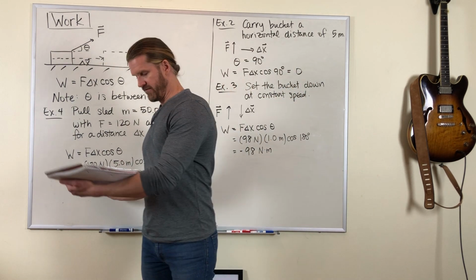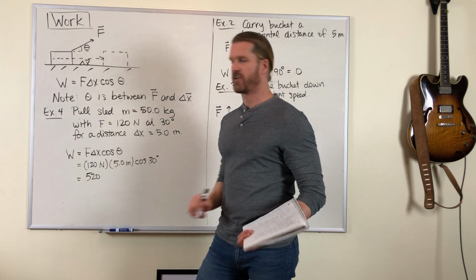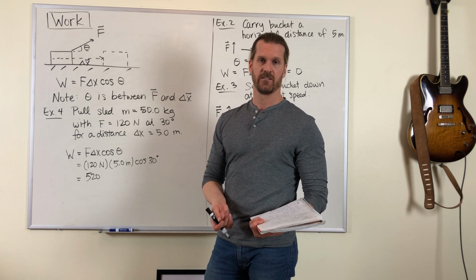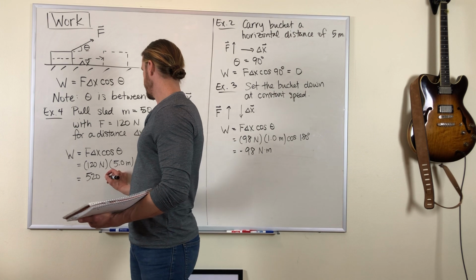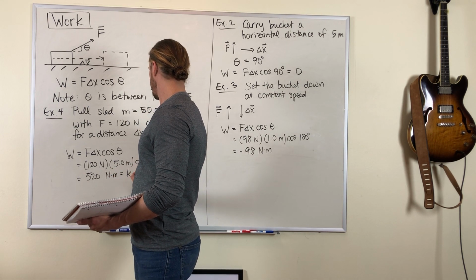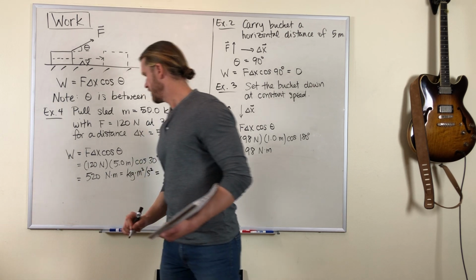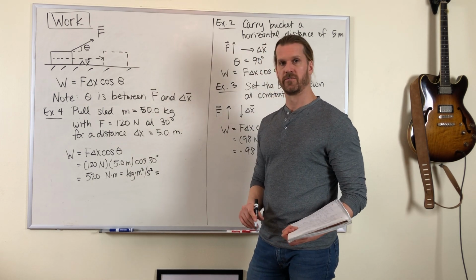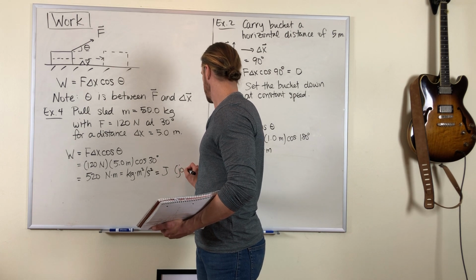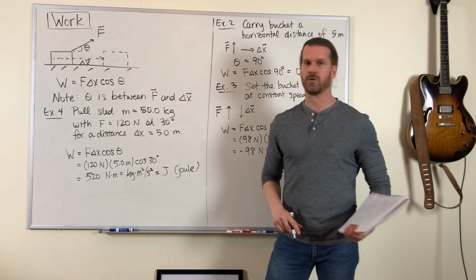That'll give you a value of 520 newtons times meters, and now I'll introduce the new name for that unit. When we have newtons times meters, that's the same thing as kilograms meters squared per second squared. And in honor of scientists, we call that joules, with the symbol capital J.